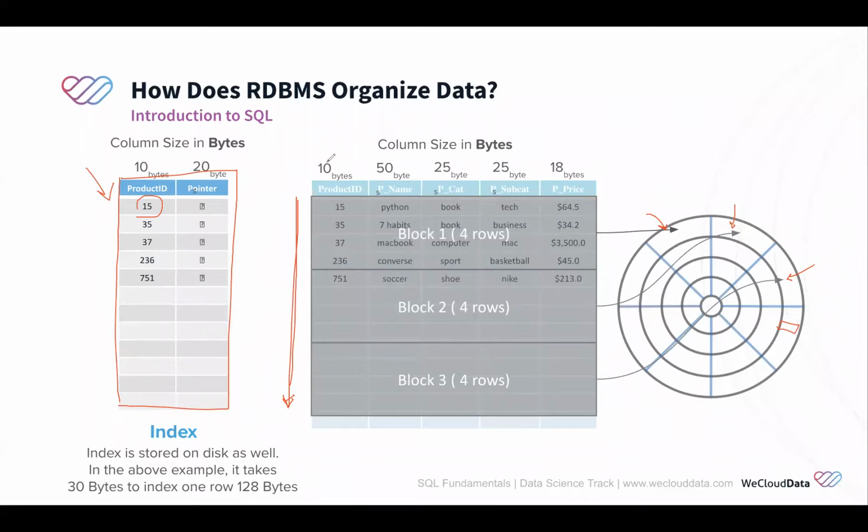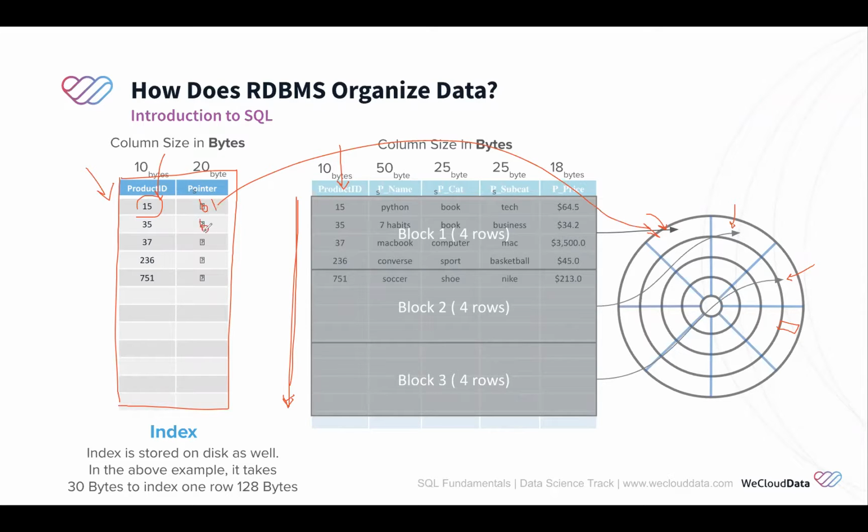If we create the index based on the product ID, that means in your index, you're going to have the product ID, and the pointer also points to the block where you can actually find the data, right? So it tells you that, well, this product ID 15 is in block 1, for example.